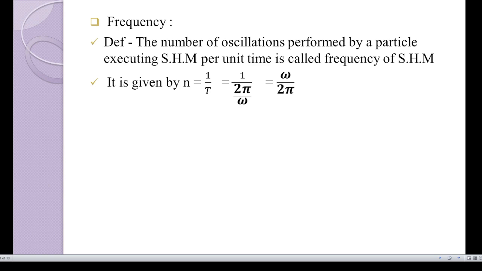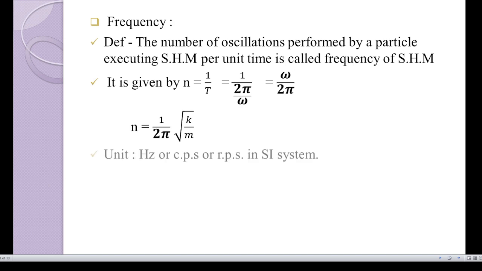Rearranging the terms, we can write n is equal to omega divided by 2 pi. We know that omega is equal to under root k divided by m. Therefore, putting the value of omega, we can write n is equal to 1 upon 2 pi under root k divided by m.